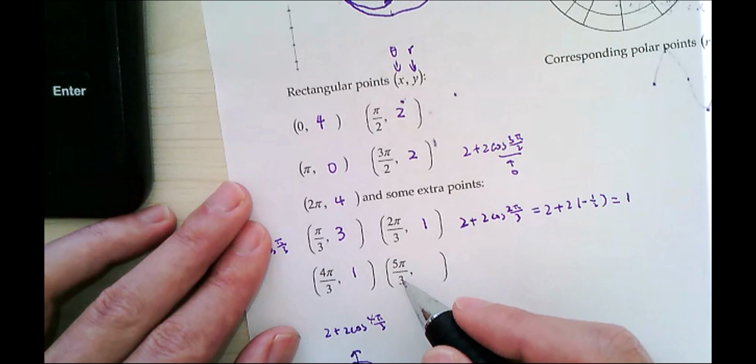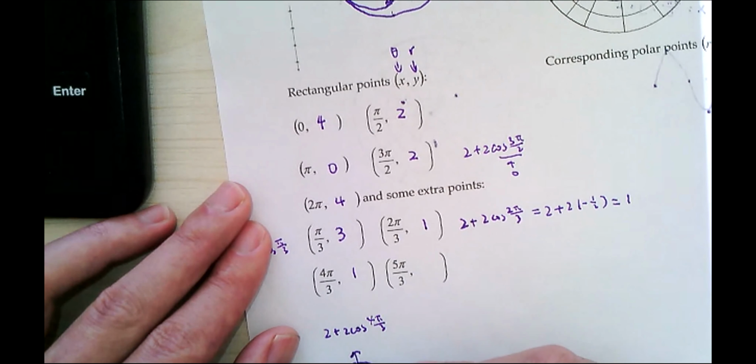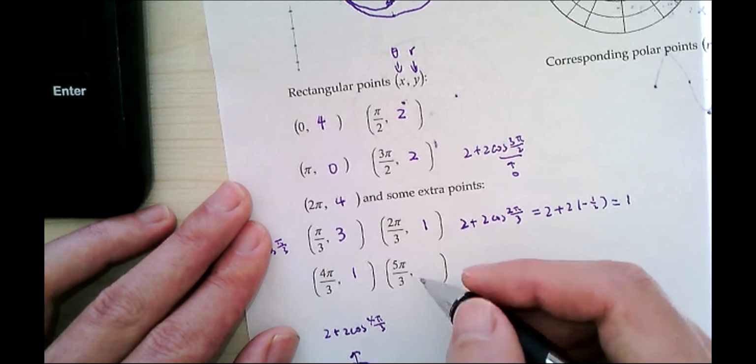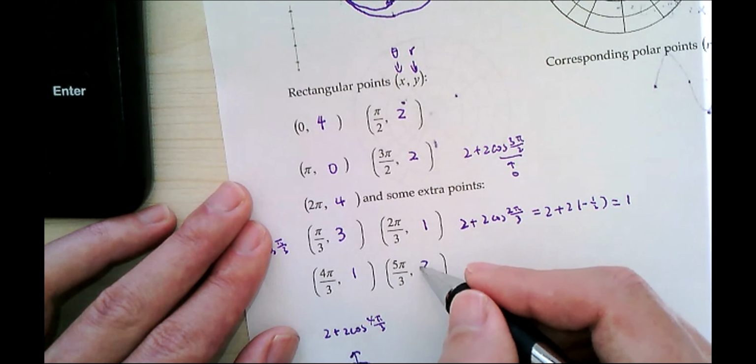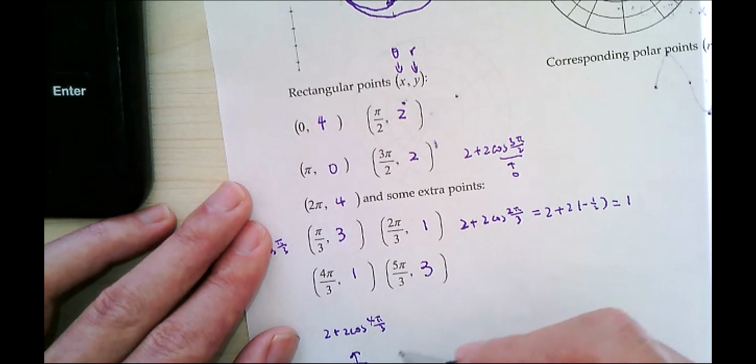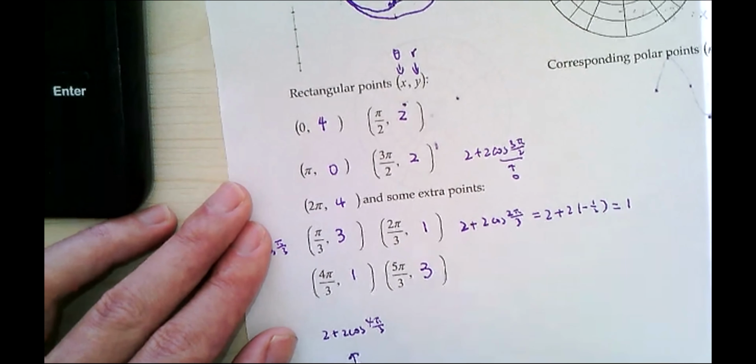How about this part? Cosine 5 pi over 3. 5 pi over 3, you are going across. So again, I think you are here. So this is positive 1/2. I think this gives you 3. 2 plus 2 times 1/2, 3.